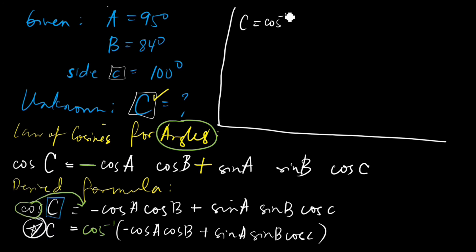So our inverse cosine, negative cosine 95 degrees, cosine of 84 degrees, plus sine of big A, 95 degrees, sine of big B, 84 degrees, and then cosine of small c, that is 100 degrees. So 100.